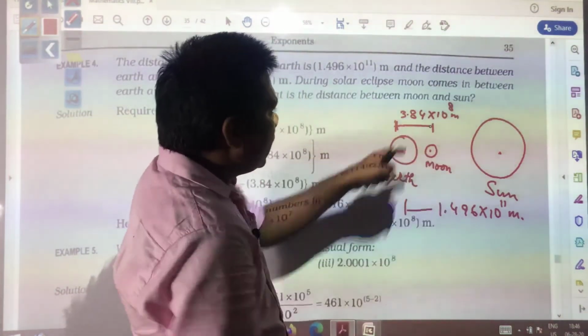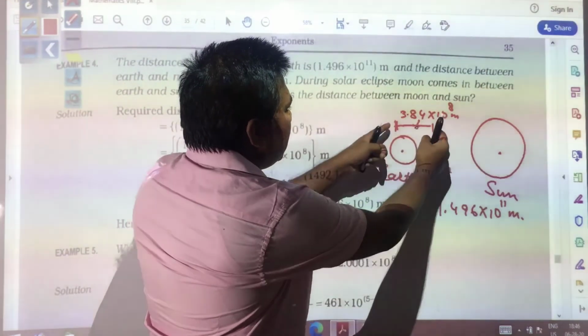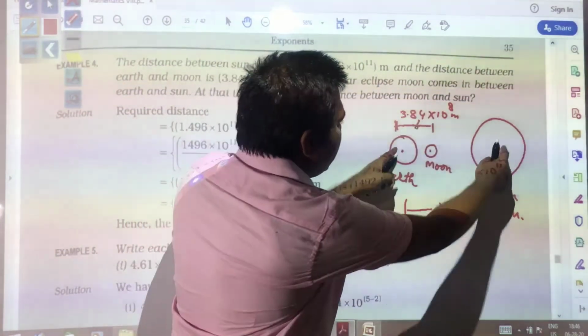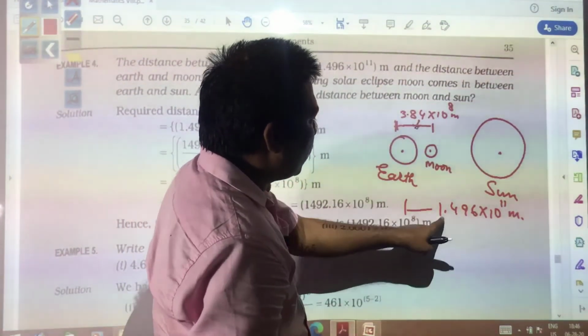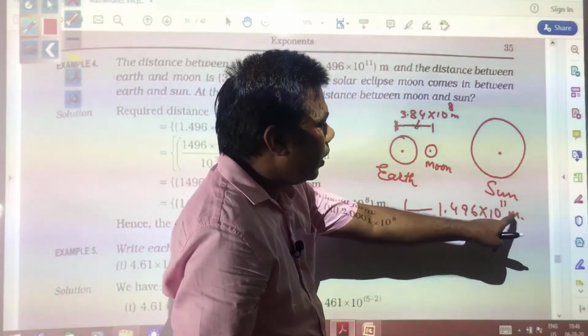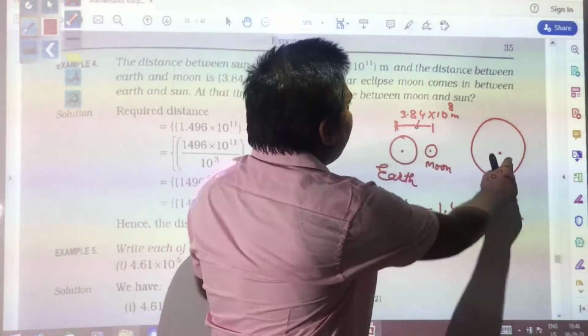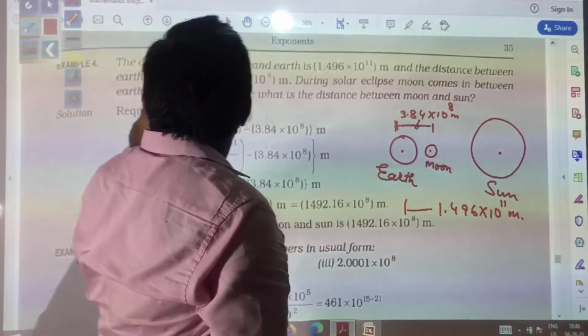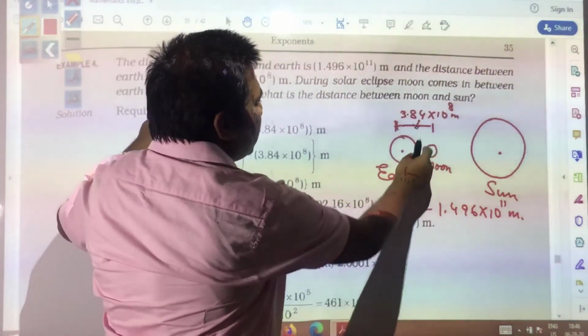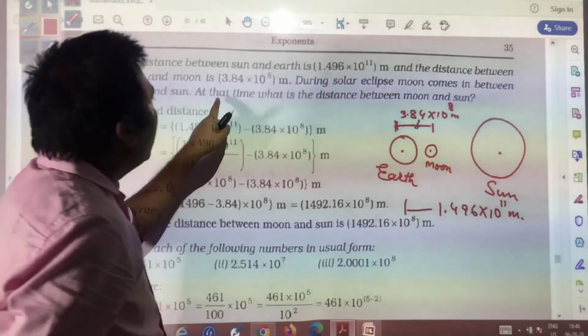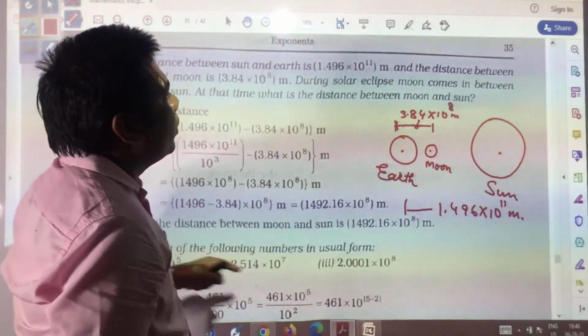During a solar eclipse, all will be in the same line, the moon is in between earth and sun. At that time, what is the distance between moon and sun?